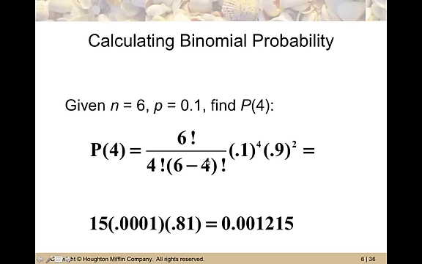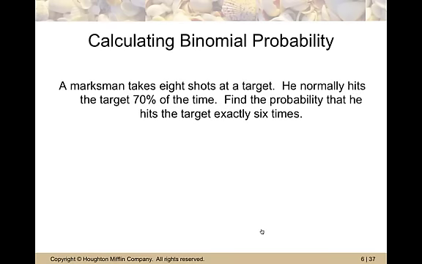And so that's going to give you 15 for your number of combinations, and 0.0001, because that's 0.1 to the 4th power, 0.9 to the 2nd power is 0.81, and you multiply it all together, and it's 0.001215.